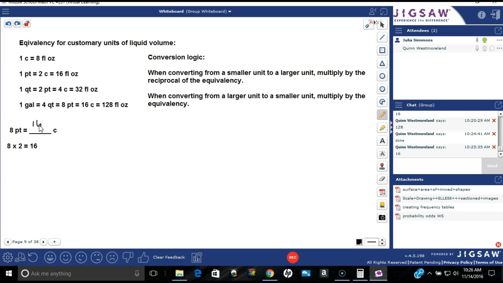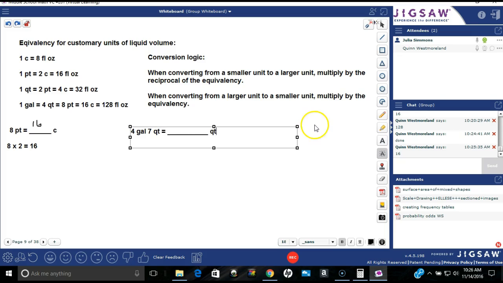Very good. How about, what if we have 4 gallons and 7 quarts and we want to convert that into quarts only? What would that be?